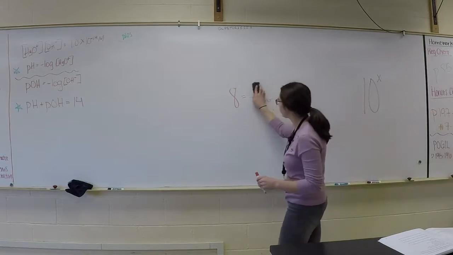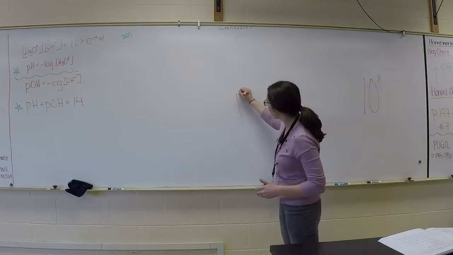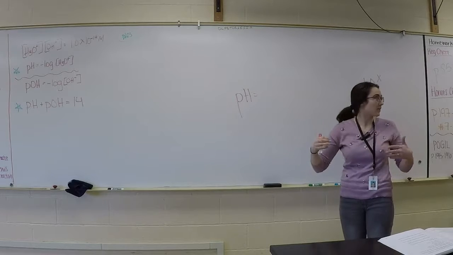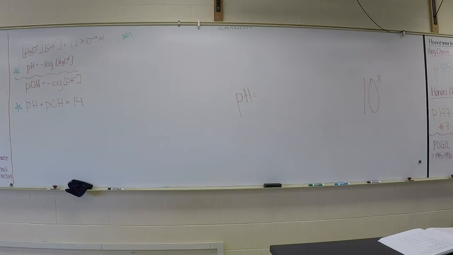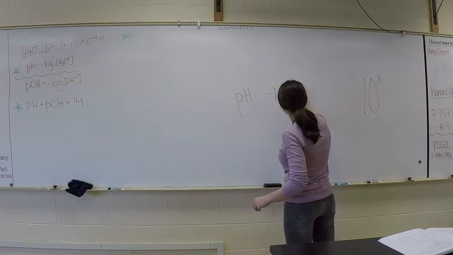So I'm going to rearrange the pH equation to show you how we rearrange it, and then you'll just have the equations to use. All right, so negative log of hydronium.